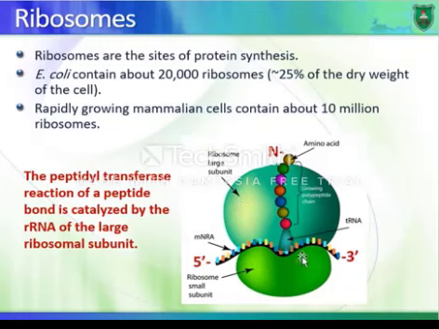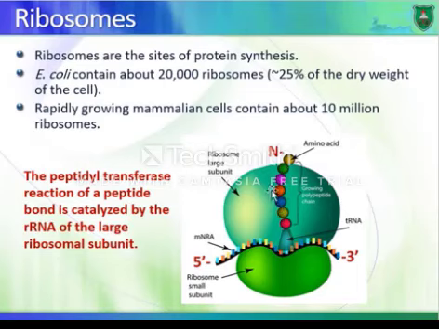Here you see the figure again for the ribosomes. We have the large ribosomal subunit and the small ribosomal subunit, the mRNA and the growing polypeptide, as you can see here. Actually, there is an enzymatic activity in the large ribosomal subunit. We call it peptidyl transferase enzymatic activity.